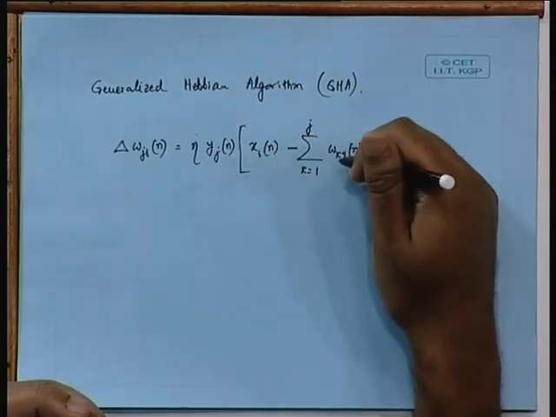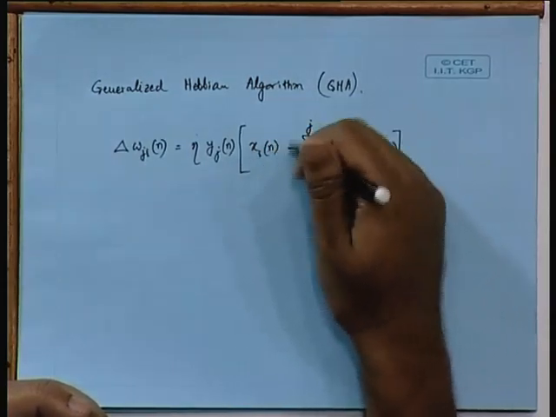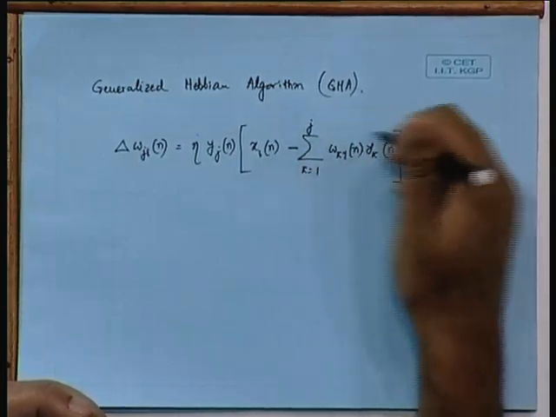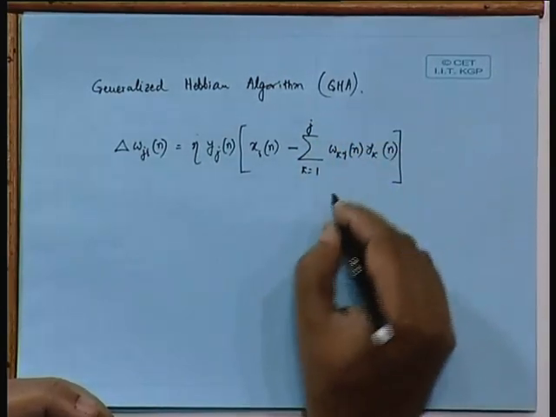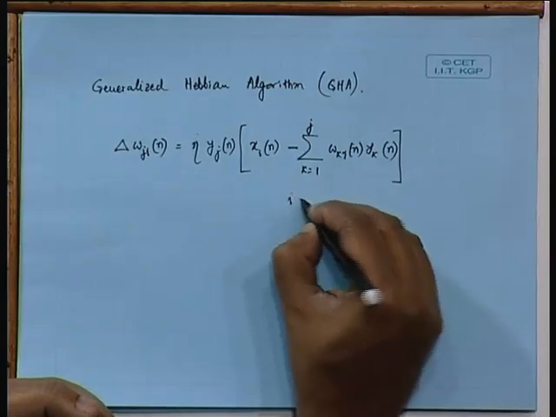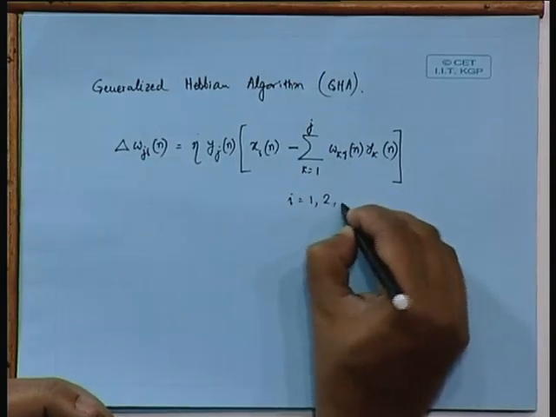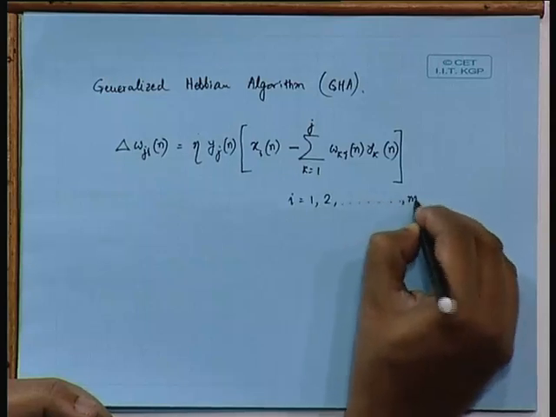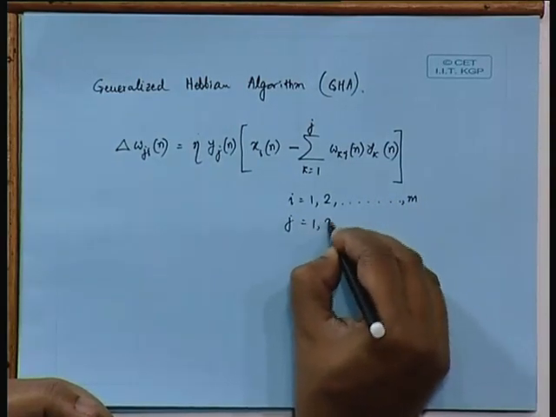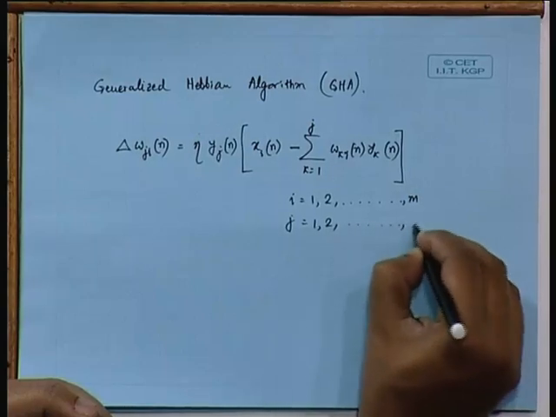So, this thing can be regarded as the effective xi(n) because of the contribution of these terms. And in this equation our i will vary from 1 to m, and our j, the output index, will vary from 1 to L.